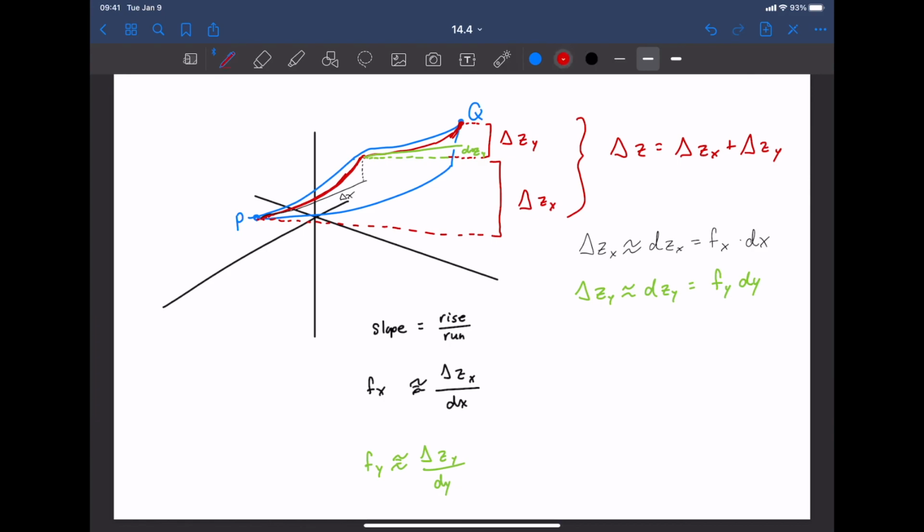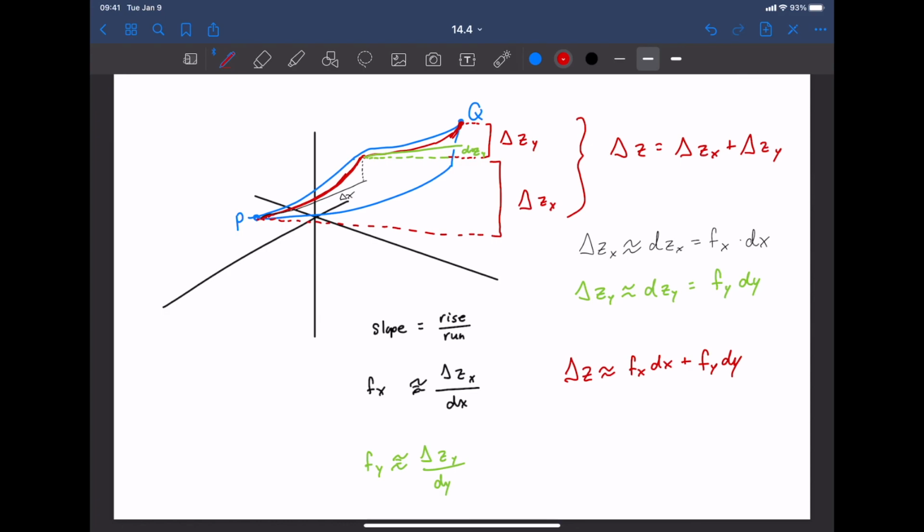So therefore, overall, our differential with respect to z, our increment with respect to z, can be approximated by using fx times the increment, or the differential for x, plus fy times the increment with respect to y. And that's the formula, that's the power, that's the simple linearization of it all.